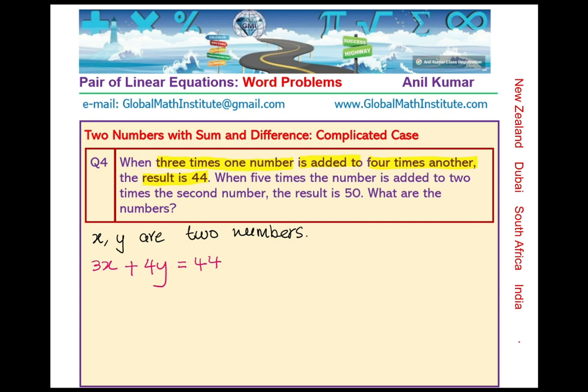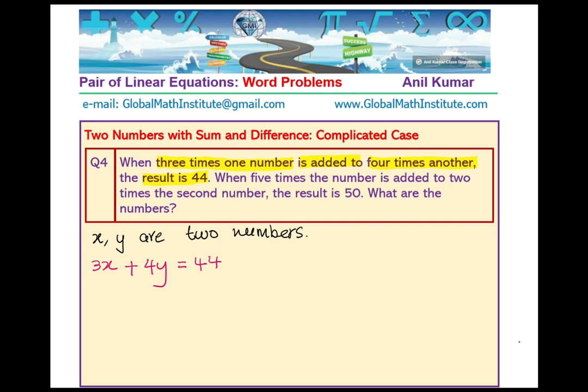Do you see how simple it becomes? So read carefully, divide your sentence into small phrases, write expressions, relate as an equation. That becomes our complete strategy. So I hope you have got this strategy to solve word problems. Correct? Now go through the second statement, which is when 5 times the number is added to 2 times the second number, right?